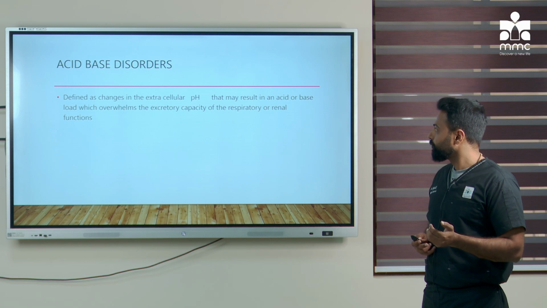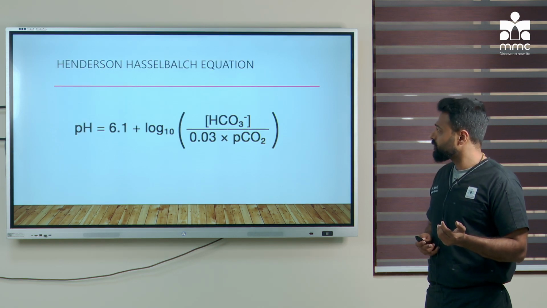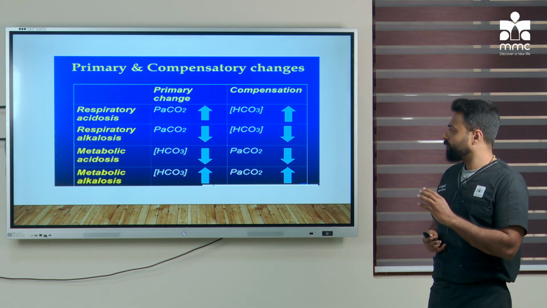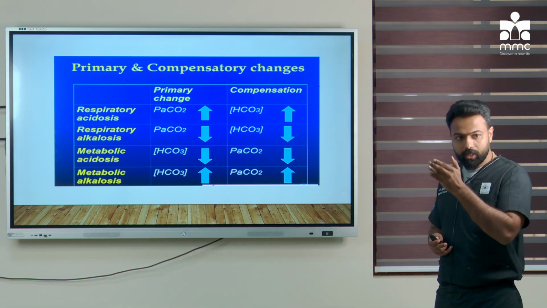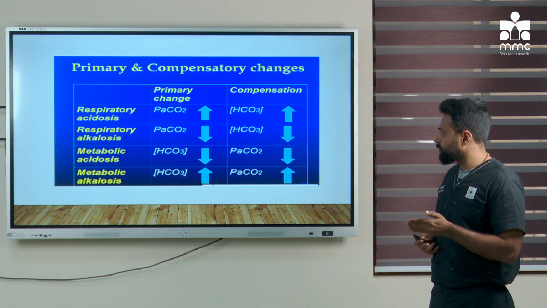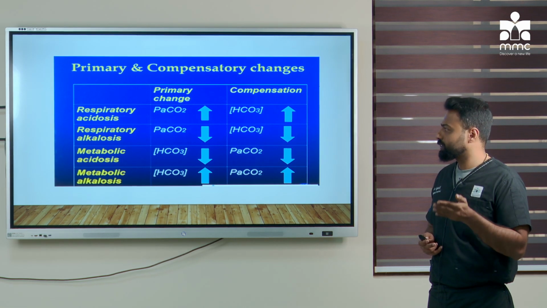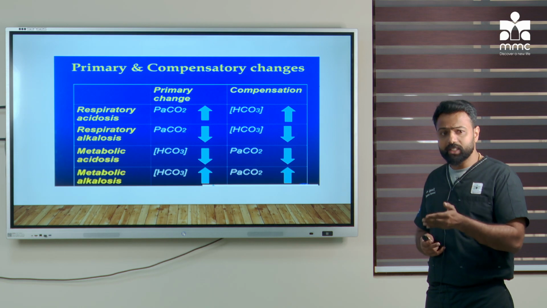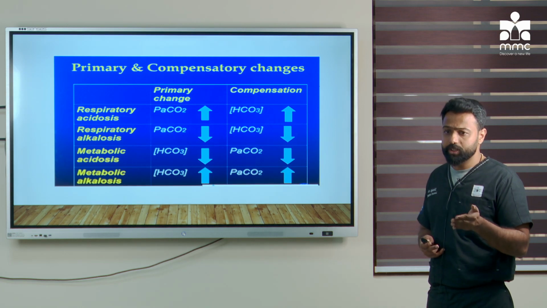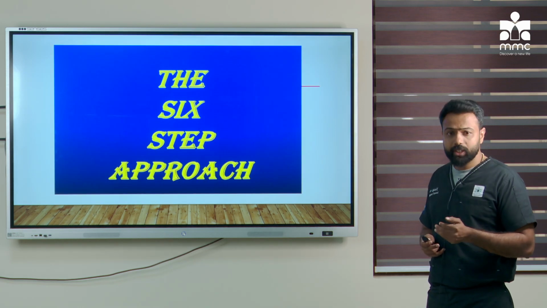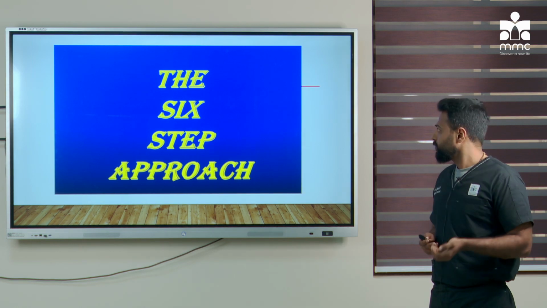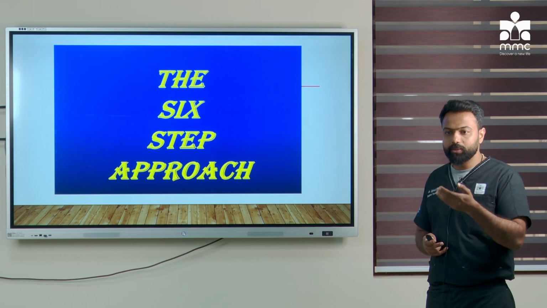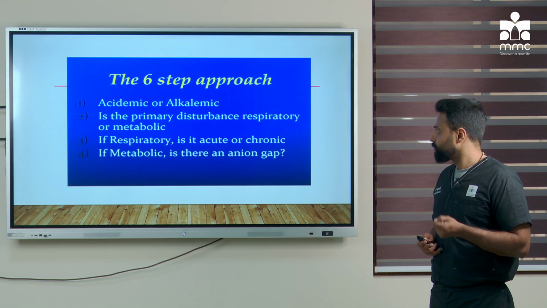So coming to the actual ABG approach. We know there are some acid-base abnormalities, especially respiratory acidosis, respiratory alkalosis, metabolic acidosis, and metabolic alkalosis. These are the things we mainly look at in the ABG, right, to diagnose the acid-base balance. There is a 6-step approach to diagnose an acid-base disorder.